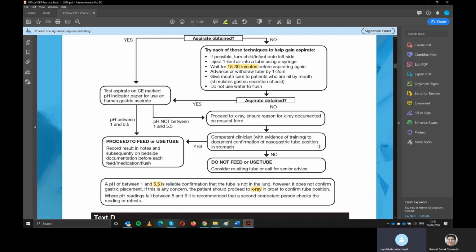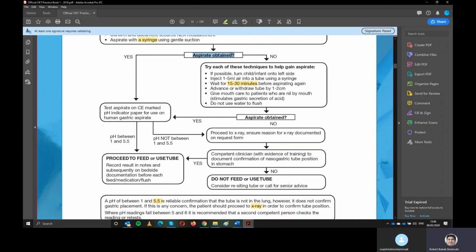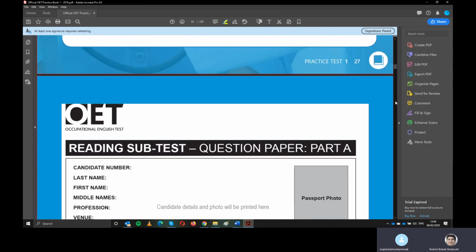So if the aspirate is not obtained, we turn the child or infant onto the left side and wait for 15 to 30 minutes. So we've got the answer to these.